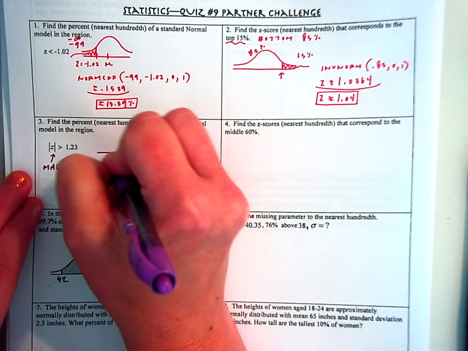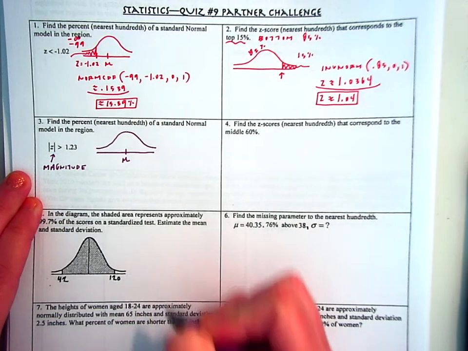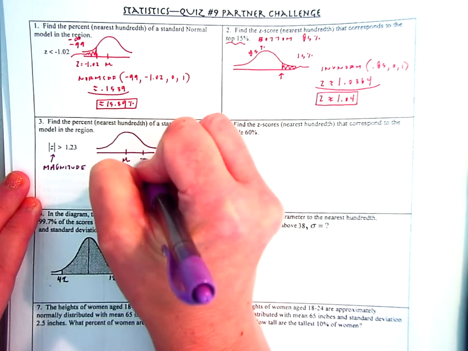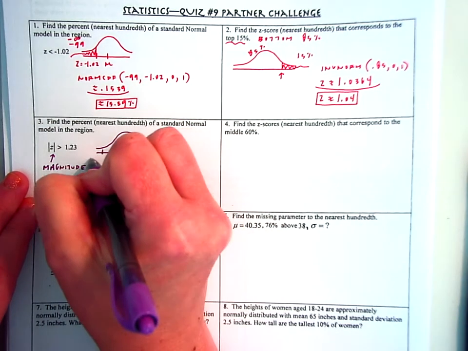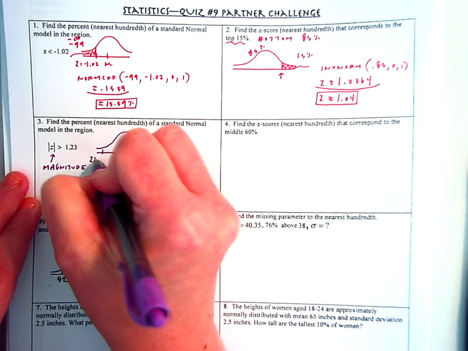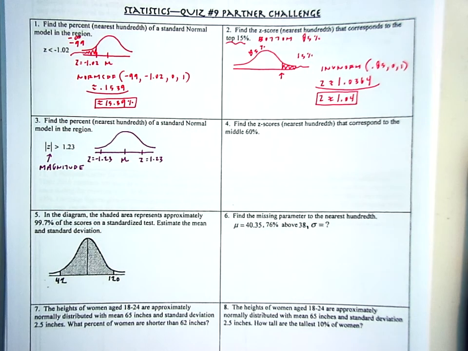If I visualize that, here's my normal curve, here's my mean right smack in the middle. Here I'm about 1.23 z-scores above and here below. And a z-score, again, is just saying how many standard deviations you are away from the mean. So here we're saying that it's more than 1.23 away from the mean.